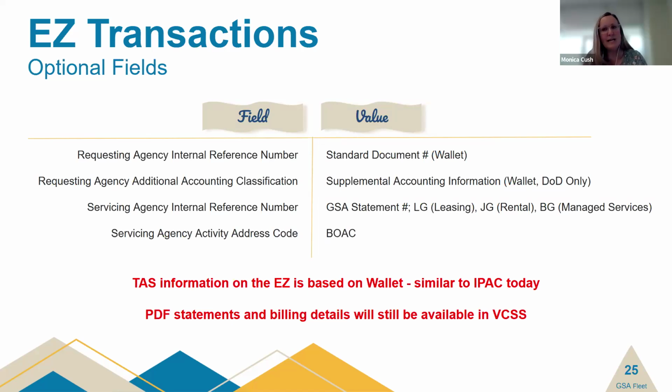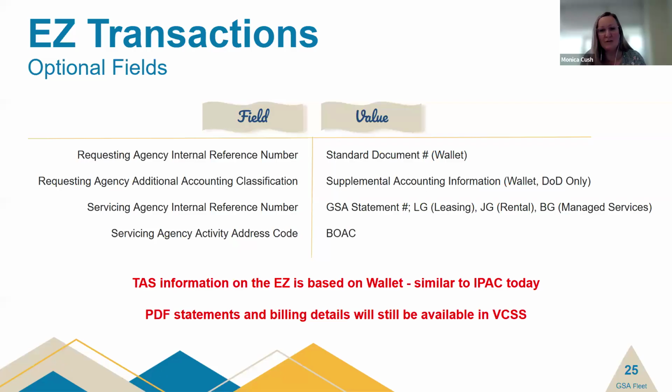We did have some customers say, how are we going to know if this EZ is for leasing, short-term rental, or managed services? Always look at that GSA statement number. If it starts with an LG, leasing; JG, rental; BG, managed services. And then lastly, the servicing agency activity address code will be the BOAC that is entered in Wallet.